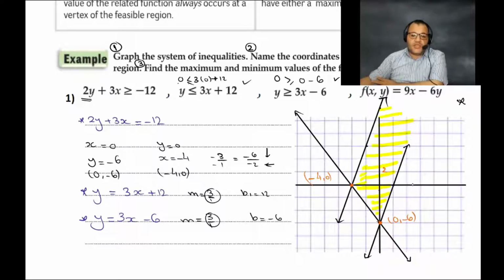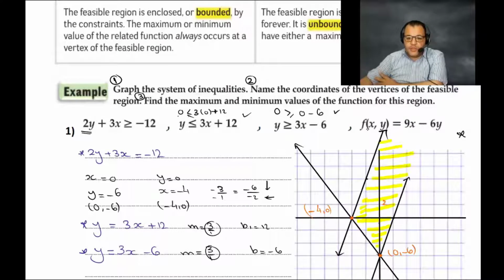The last part is that we need to find the minimum and the maximum. What is the meaning of this equation? The function f of x and y equals 9x minus 6y. It means we need to use the function and replace the values of x and y from the ordered pair. Suppose that's the point A and that's the vertex B. We need to use the vertices to find if the graph has a minimum or maximum point.